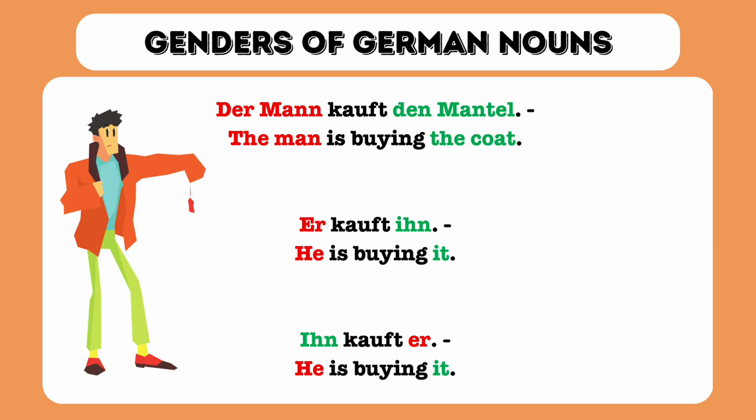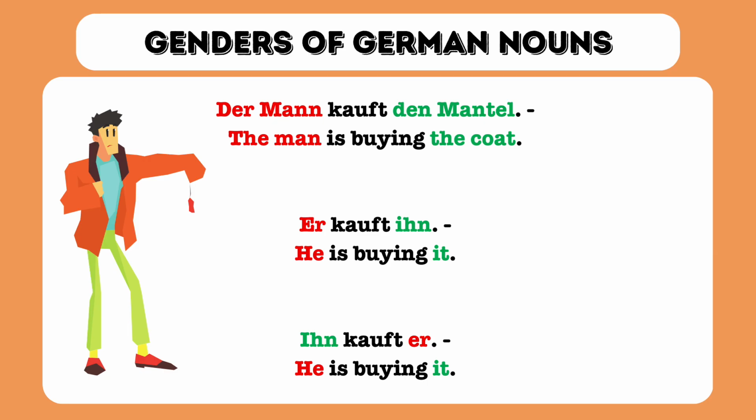This shows us the same thing whenever we get to the next sentence where it says, er kauft ihn, he is buying it. Er is replacing der Mann. That's a pronoun, he, replacing the noun, the man. Ihn is another pronoun, this one replacing den Mantel. So instead of saying the coat, we are now saying it.